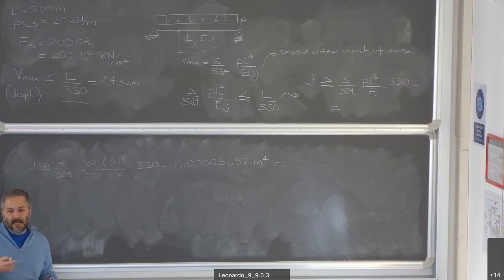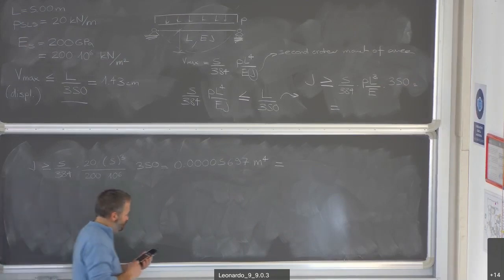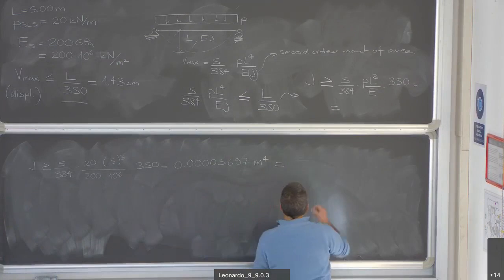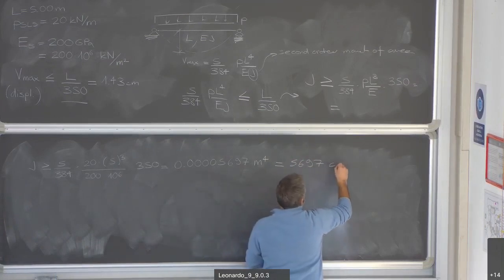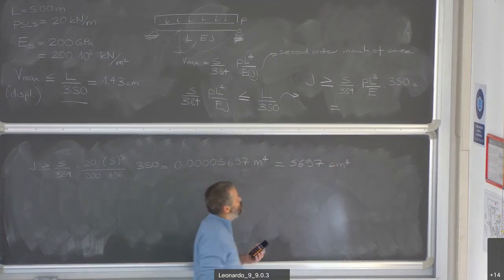Yes, I multiply by 100 to the power of 4. This means by 100 by 100 by 100 by 100. 100 million. Result is 5697 centimeters to the power of 4.